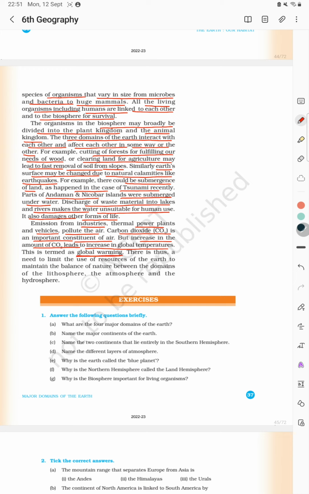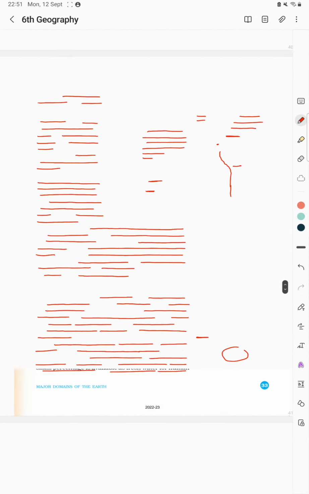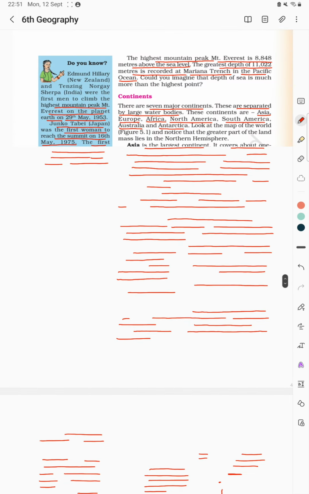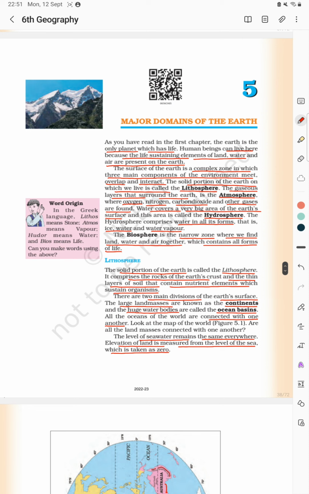There is thus a need to limit the use of resources of the earth to maintain the balance of nature between the domains of lithosphere, hydrosphere, and atmosphere. So this was all in this chapter, where we have learnt about domains of the earth: lithosphere, atmosphere, hydrosphere, and biosphere.